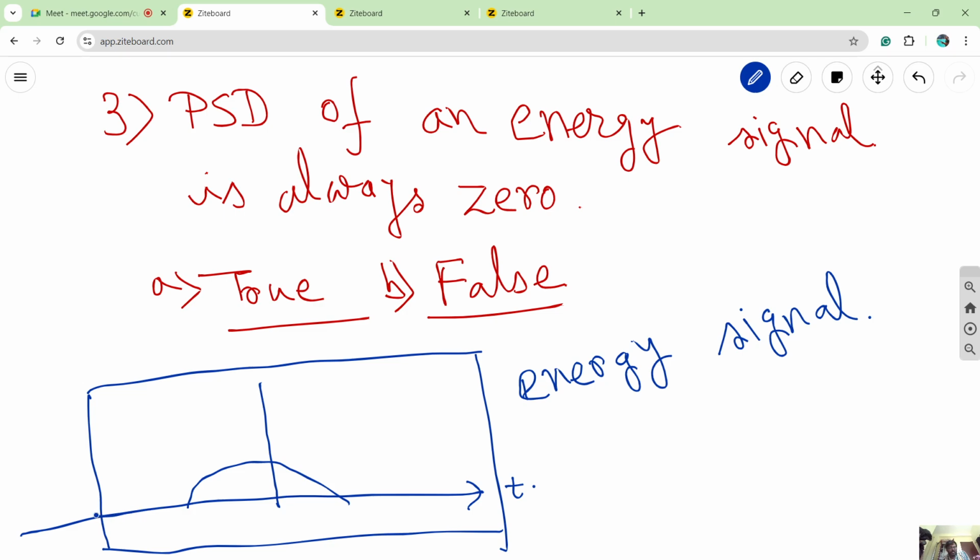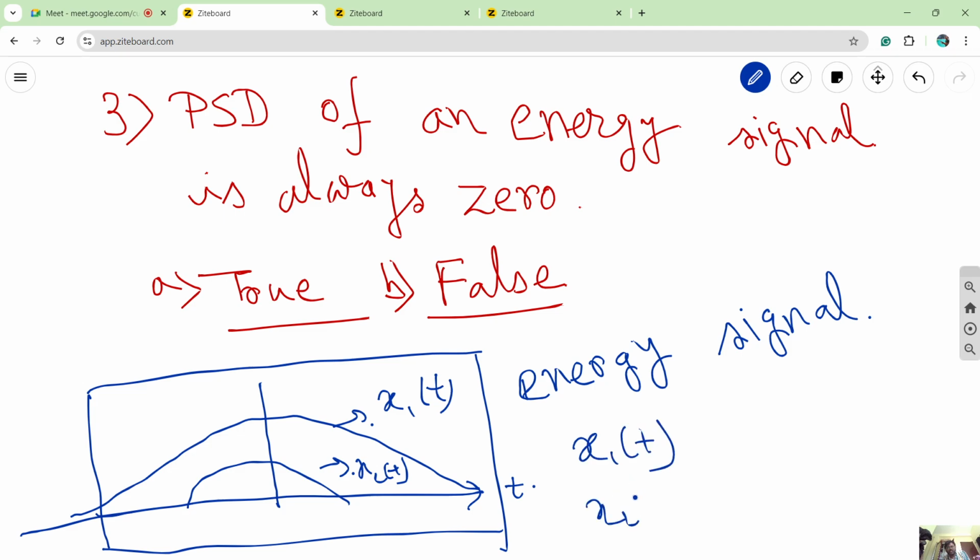Or this will be a converging type of sequence. This can be x1(t), x2(t). So x1(t) and x2(t) both are energy signals.